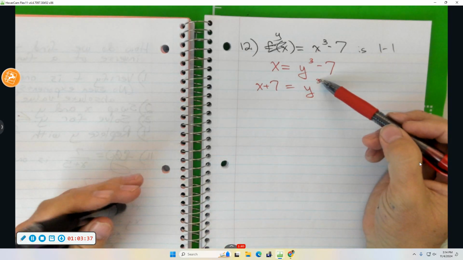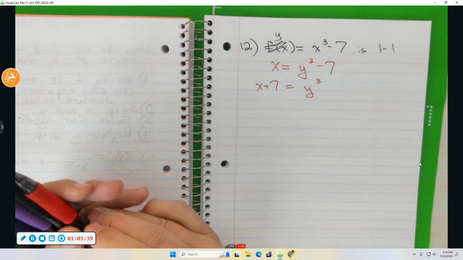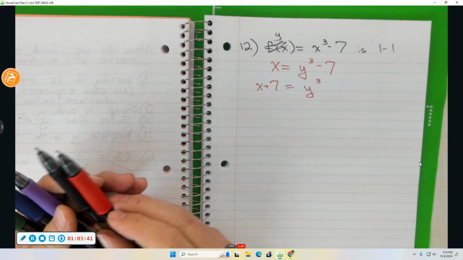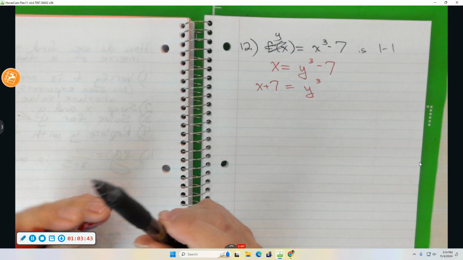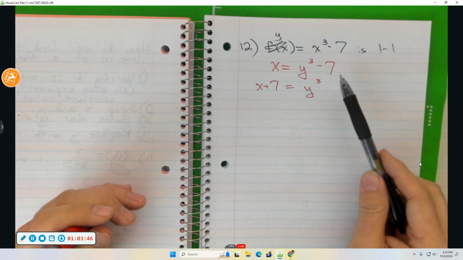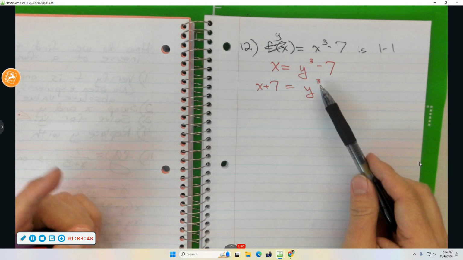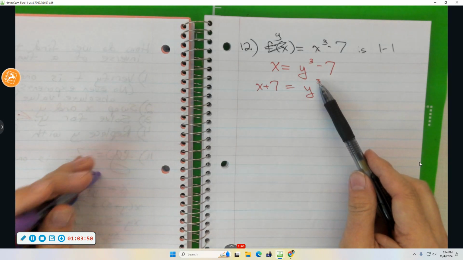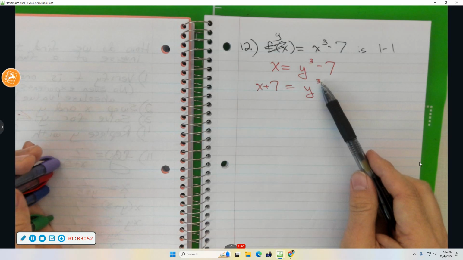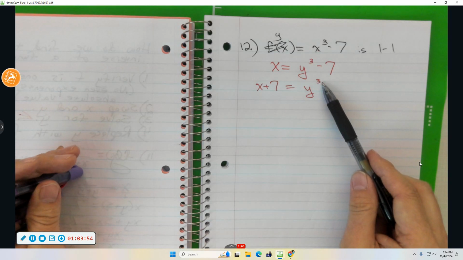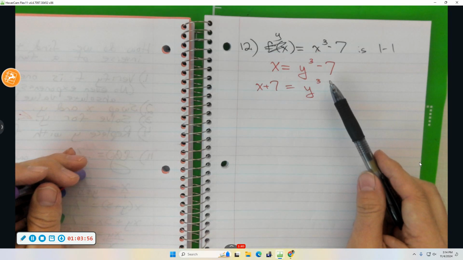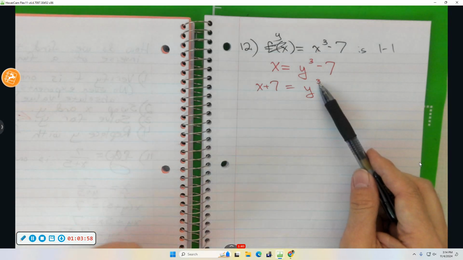Uh-oh, we need to get rid of that cube. What can we do? What undoes a cube? A cube root. Realize we were using that notation of a radical getting rid of an exponent back at the beginning of the semester. Now we're seeing that those things are inverses. That's why the radical will undo that exponent.